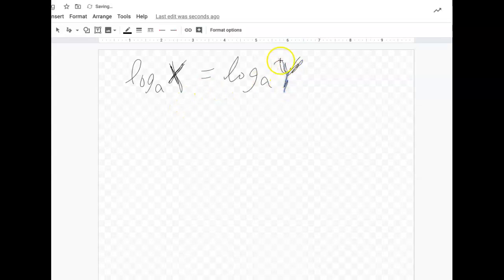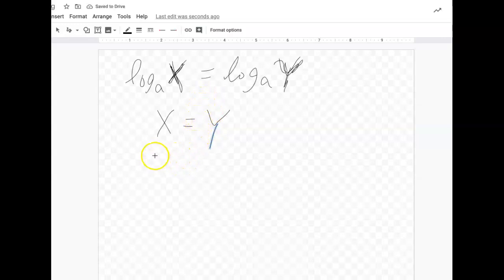So the thing to note in this type is that you can rewrite logarithms into a single log on either side, and if you have a single log on each side, then you can express this as x equaling y.